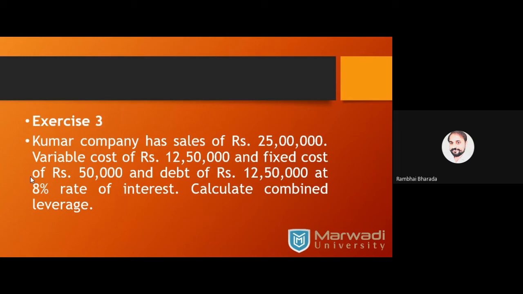Ultimately 25 lakh minus 13 lakh is the operating profit. How many? 12 lakh. Now put these values in the formula. Contribution, that is 1250, and operating profit 12. Answer: 1.04.